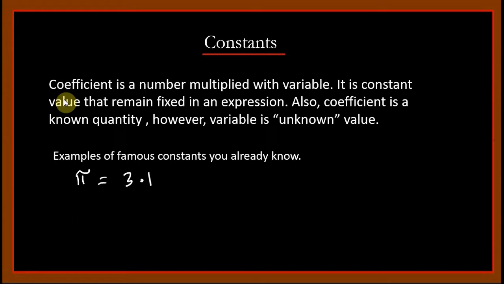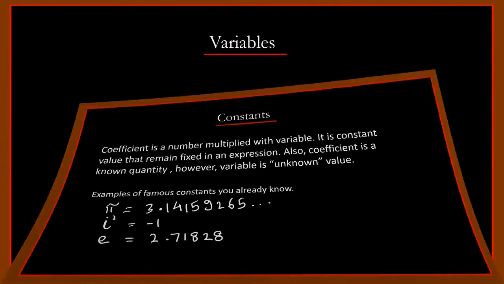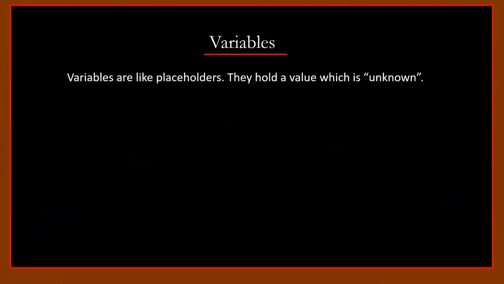Pi, its value is 3.14159265 and so on. i squared, where i is called iota, is a complex number whose value is -1. Euler's constant e, its value is 2.71828.